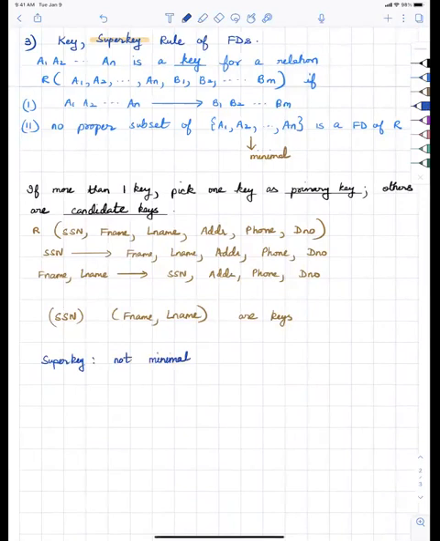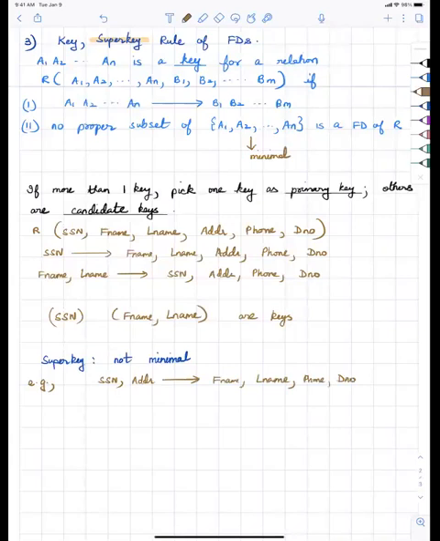So for example, I have social security number up there. If I said social security number and let's say address, after all, that will determine everything else too. You have first name, last name, phone, DNO. So SSN and address, that's a super key.